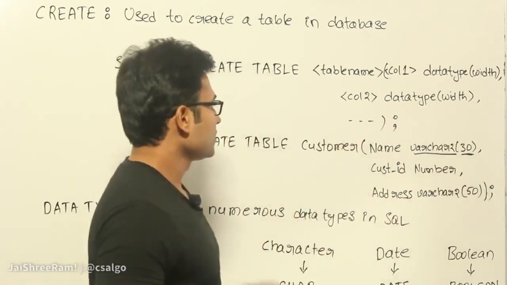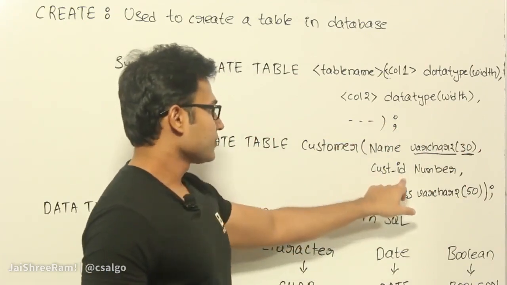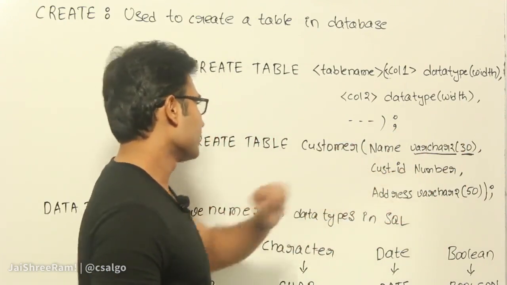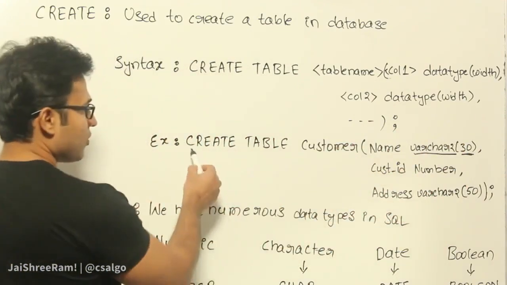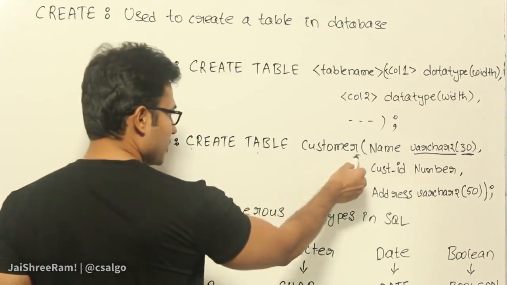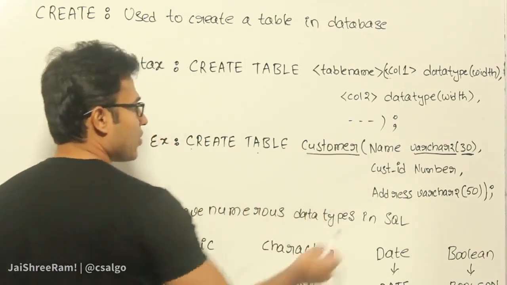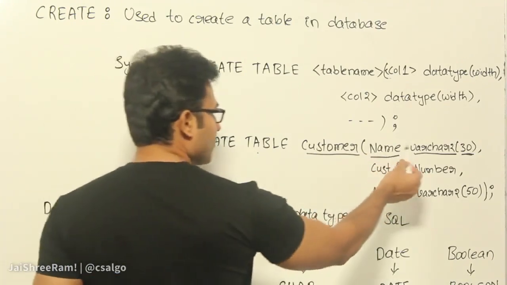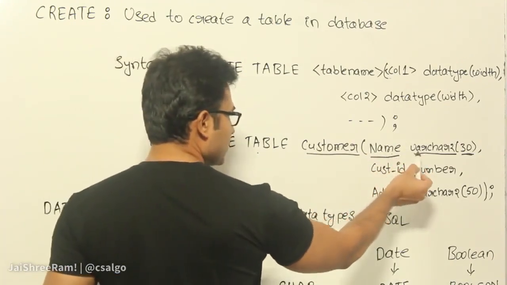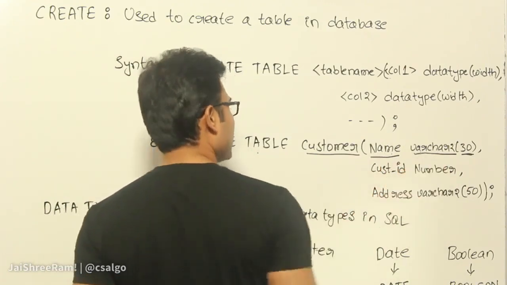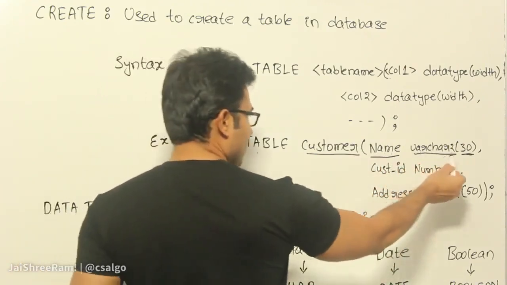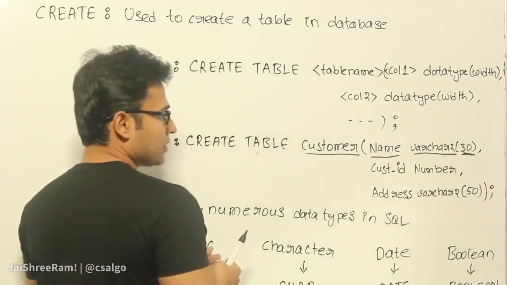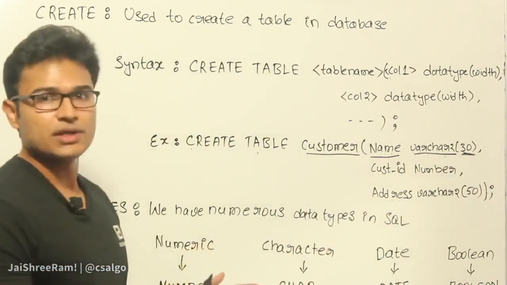And the next one is customer ID. It is a number. So what does it mean? Customer ID is a field. So how to interpret it is, we are going to create a table and the name of the table is customer, and one of the attributes is name. And this is of data type varchar, variable character, and its size is 30, which means we are never going to exceed 30 characters in order to store any name.